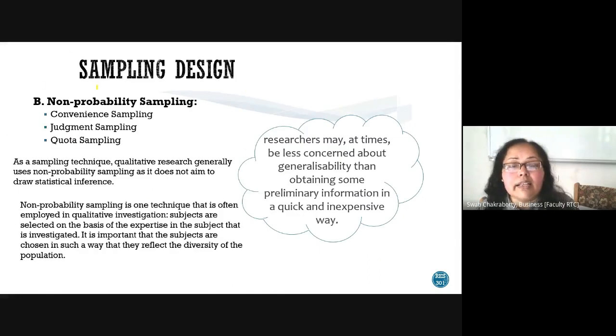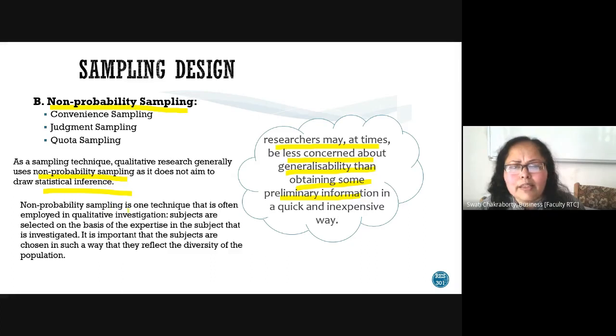The second type of sampling design is non-probability sampling design, which includes convenience sampling, judgment sampling, and quota sampling, where researchers may at times be less concerned about generalizability than about obtaining some preliminary information in a quick and inexpensive way. Qualitative research generally uses non-probability sampling because it does not aim to draw statistical inference.